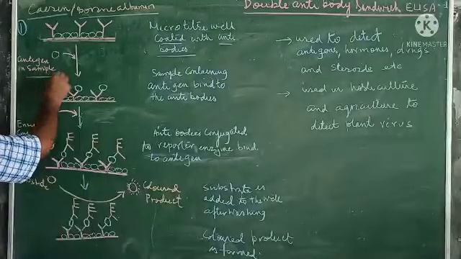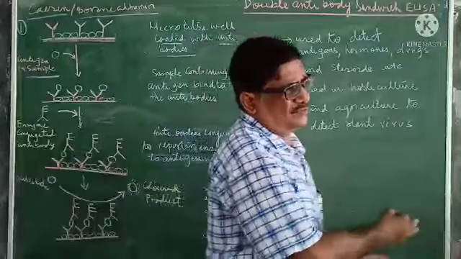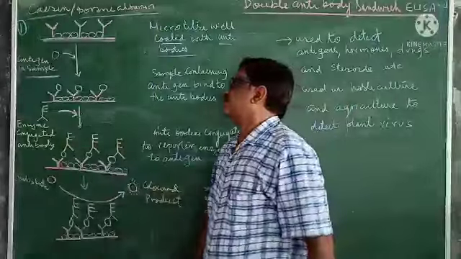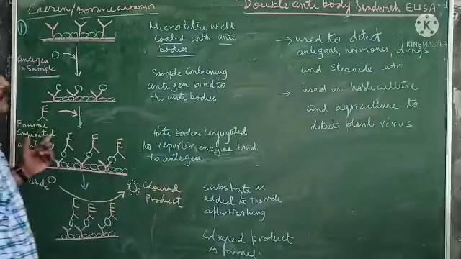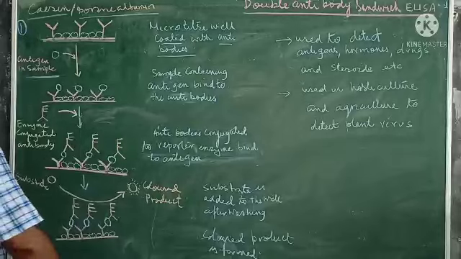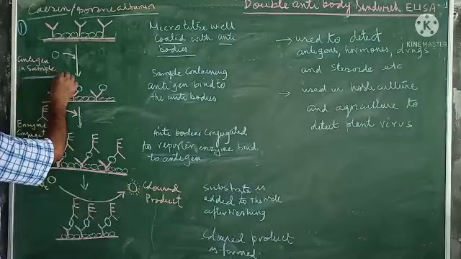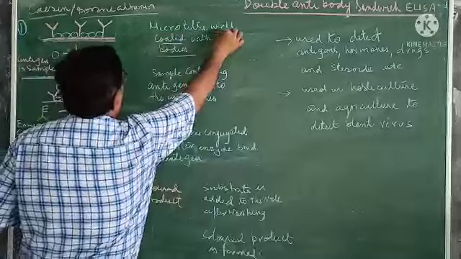This may be a steroid molecule, a hormone molecule, either a protein or a steroid molecule, or any type of drug, or a virus, particularly in the case of plants.